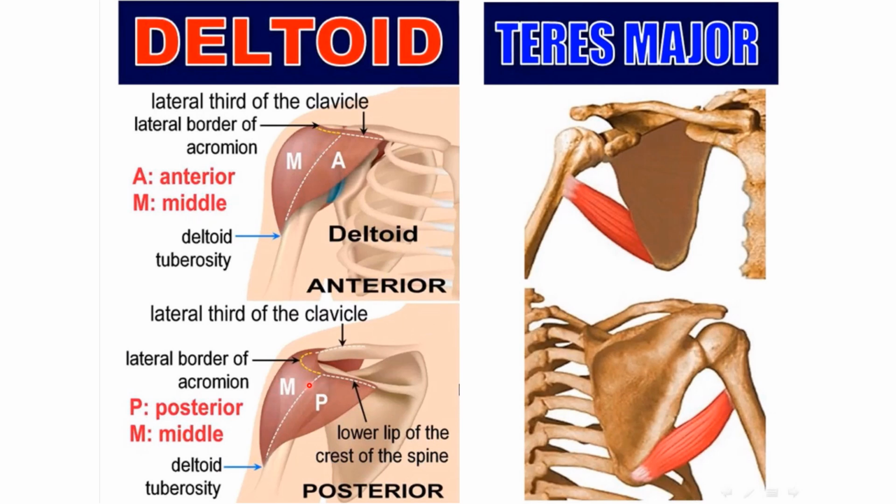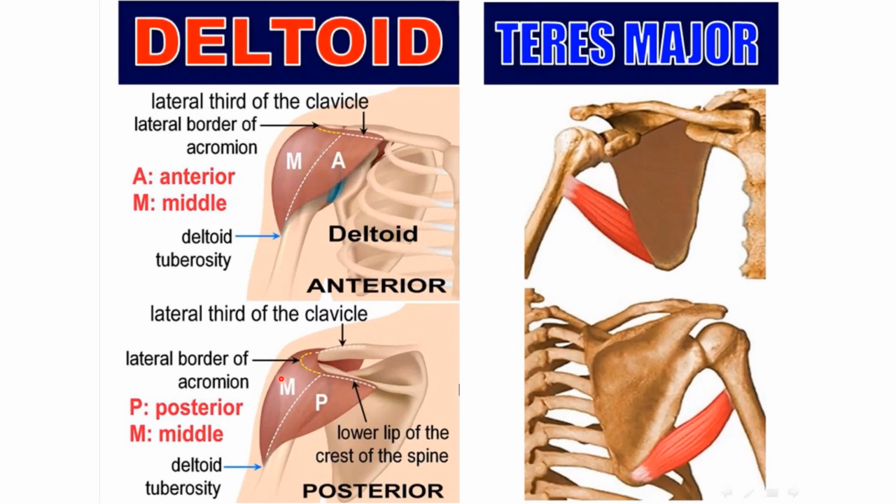The deltoid muscle is supplied by the axillary nerve and is responsible for abduction from 15 degrees to 90 degrees. Remember, we said that the supraspinatus muscle initiates abduction from 0 to 15 degrees. Once it gets to 15 degrees, the deltoid will take over and continue from 15 degrees to 90 degrees.